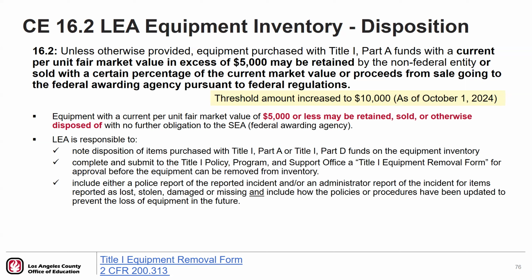And for any items lost, stolen, or missing, the LEA must also report on the circumstances that resulted in this issue. And so once LEAs receive confirmation for completing and submitting the equipment removal form, they can then document on their historical inventory form the date and reason for the removal of the equipment.